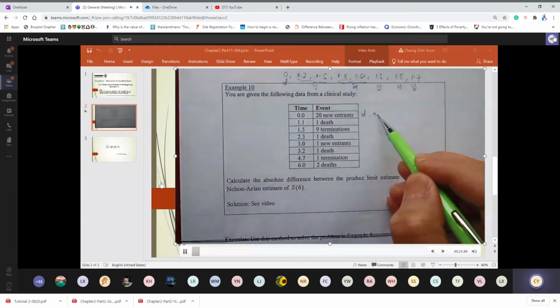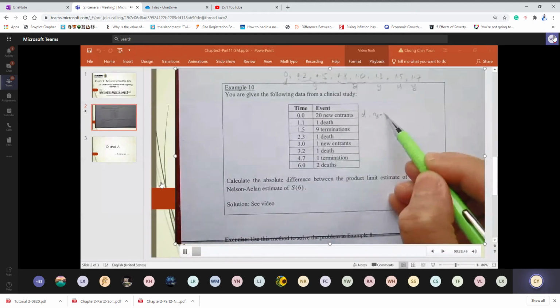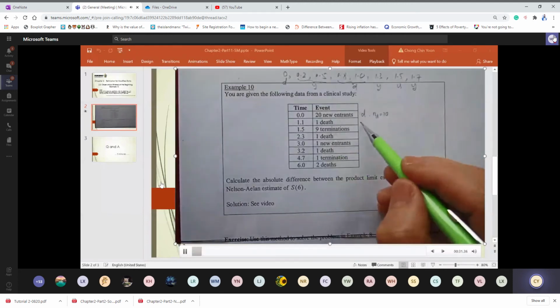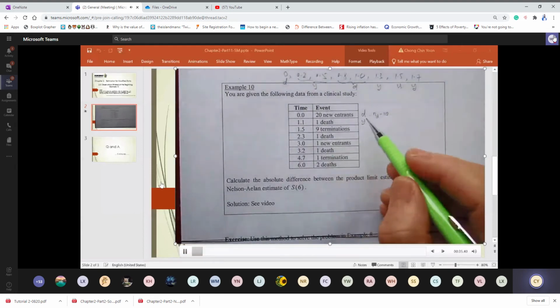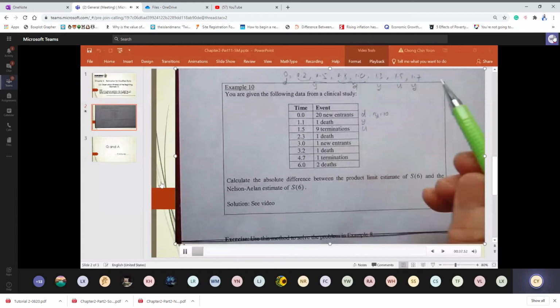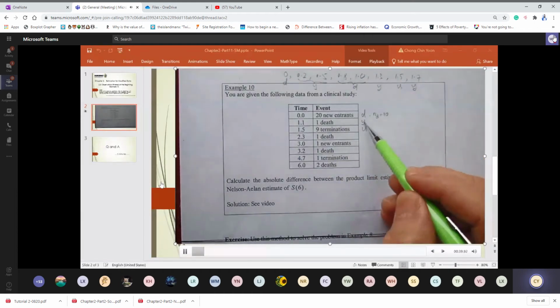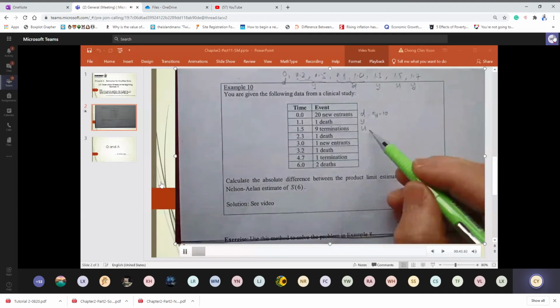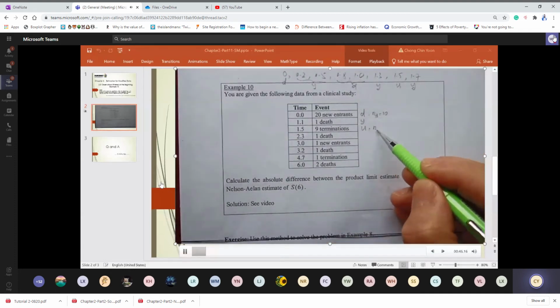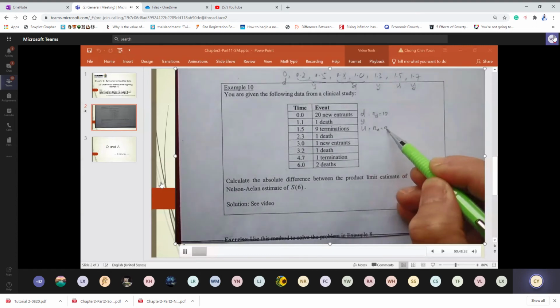The frequency of this is one death value, which is referred to y. 9 terminations are referred to the censored value, and y is uncensored, and the frequency of this u is 9.